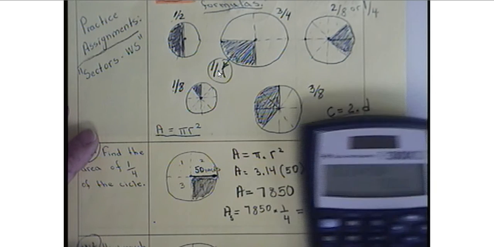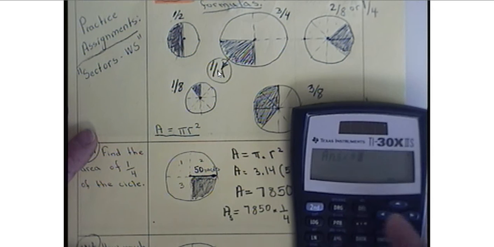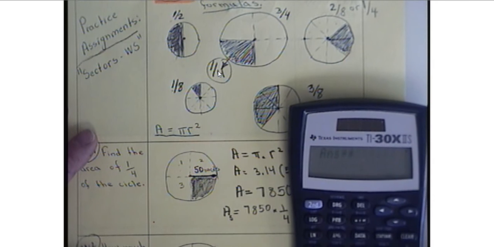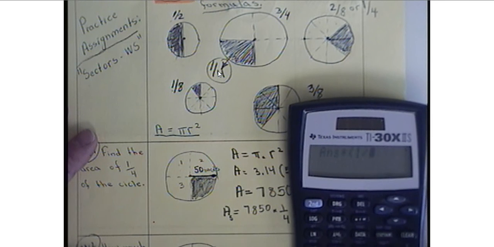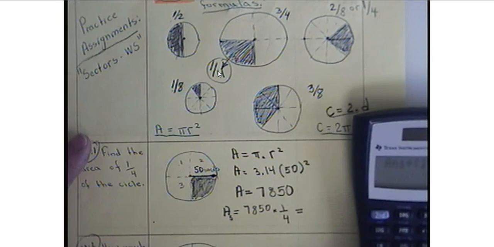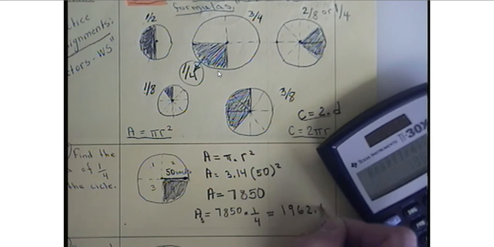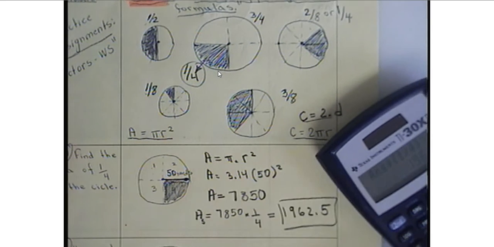So when I multiply this times 1 divided by 4, this will give me 1,962.5 square yards of the shape.